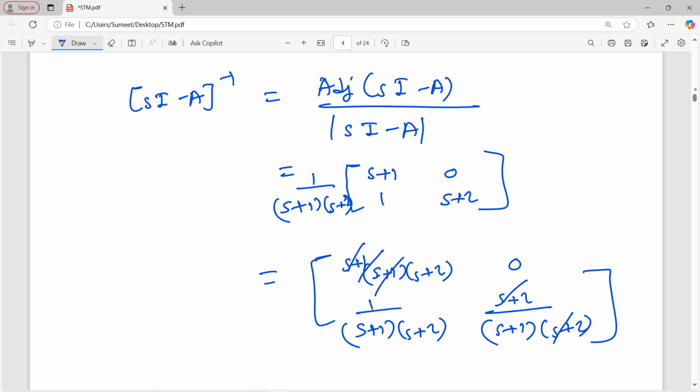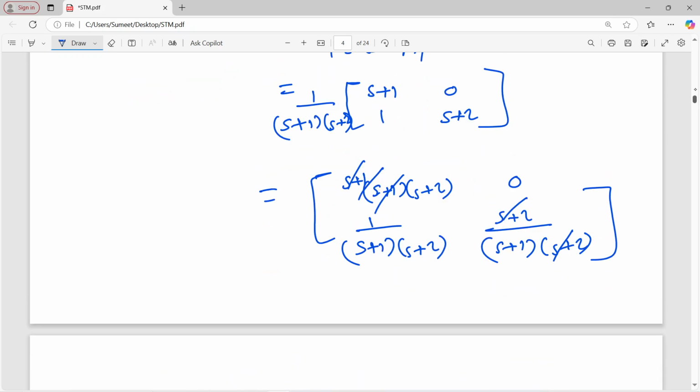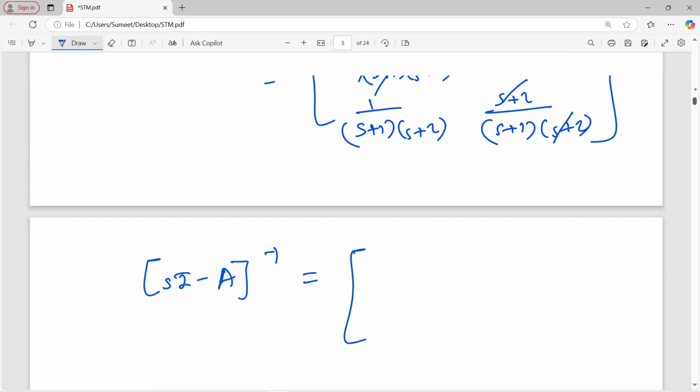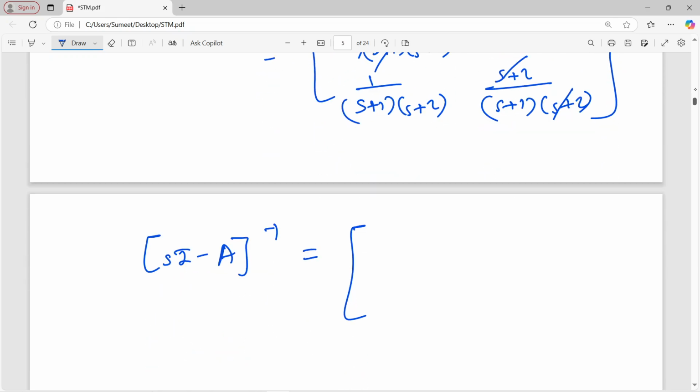So your sI minus A inverse matrix will be, just see here, 1 upon s plus 2, 0, 1 upon (s+1)(s+2), and here it is 1 upon s plus 1. So this is your sI minus A inverse matrix.